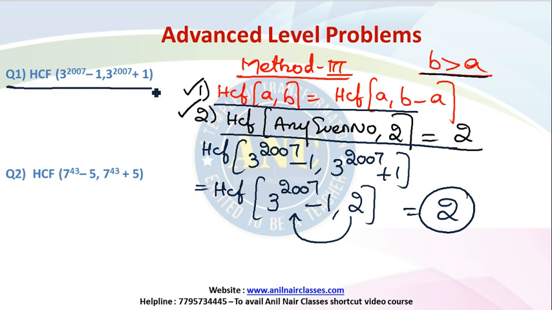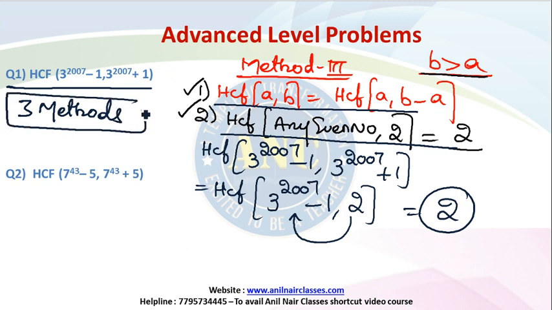Question number 1: I solved the problem in 3 methods, with 3 different concepts. It is all about knowing the concept. HCF of any two numbers is nothing but HCF of a comma b minus a, and HCF of any even number with 2 is always 2.